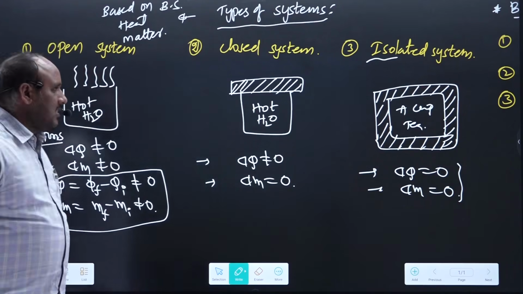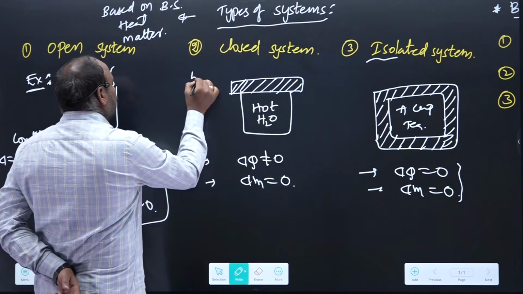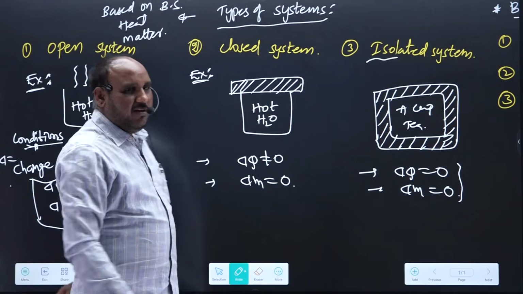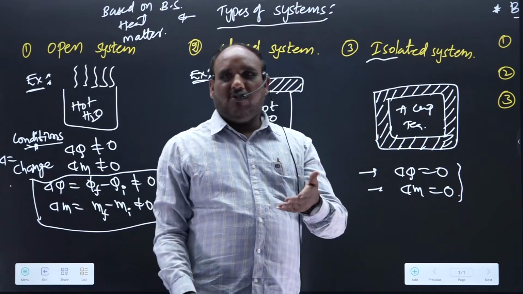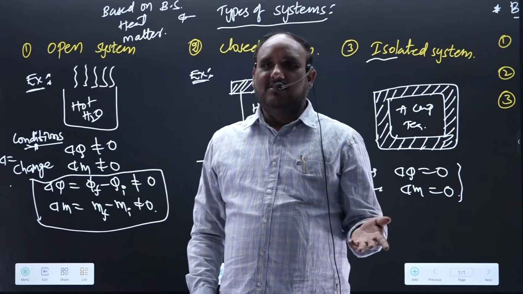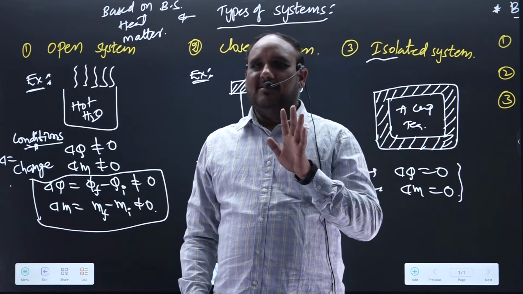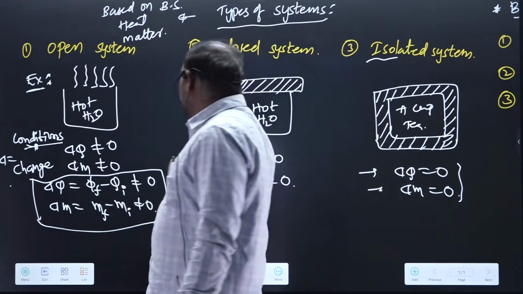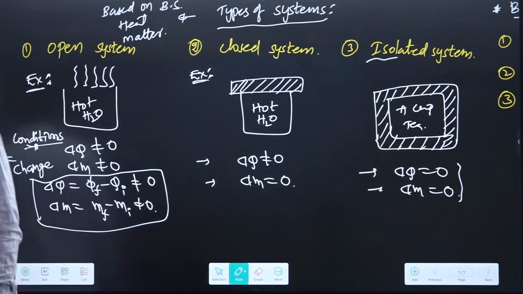Example, hot water in a closed vessel. Simple. Take hot water in your bottle and come to the class. After a few hours, the same water will be there, but the heat will have changed, right? So that is the example and conditions.